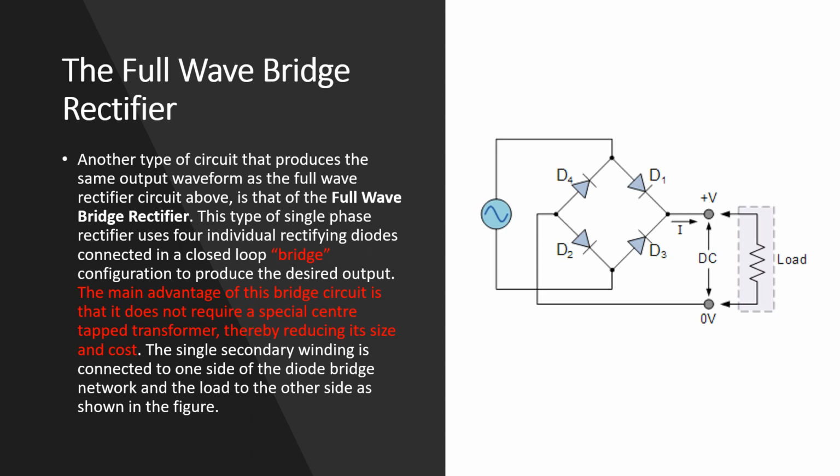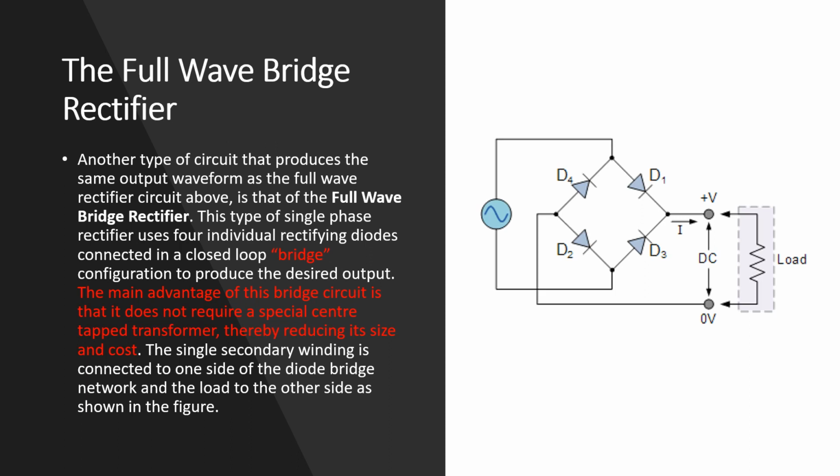This type of circuit produces the same output waveform as the full wave rectifier circuit shown in the previous slides. This type of single phase rectifier uses 4 individual rectifying diodes connected in a closed loop called a bridge, known as the bridge configuration, to produce the desired output.